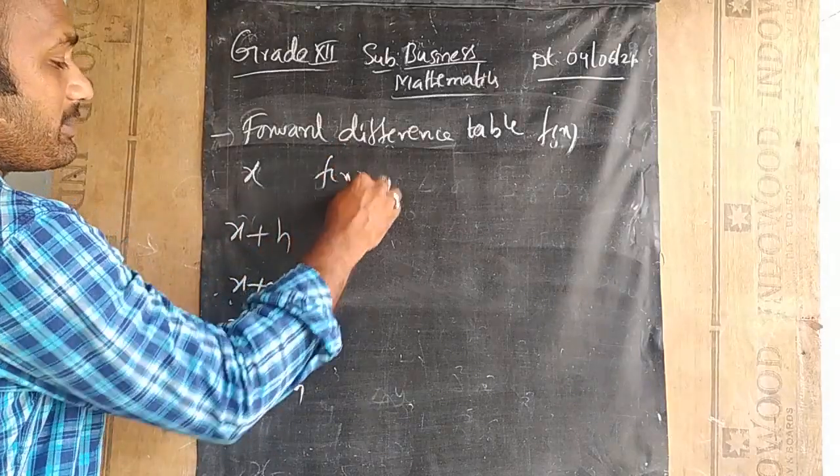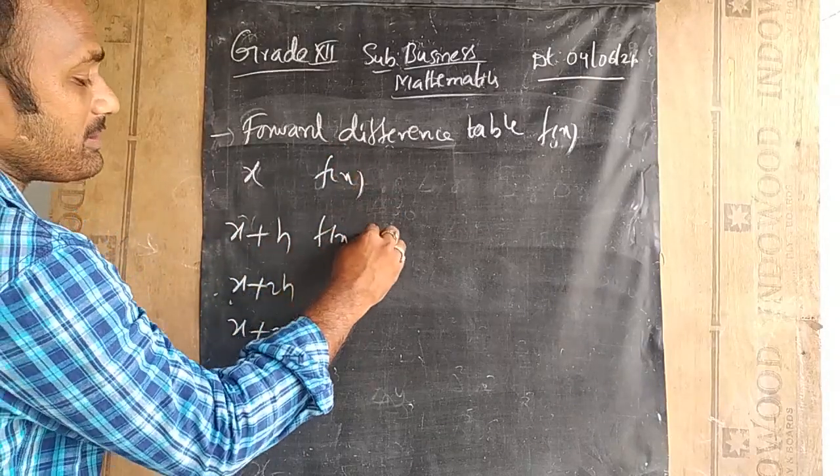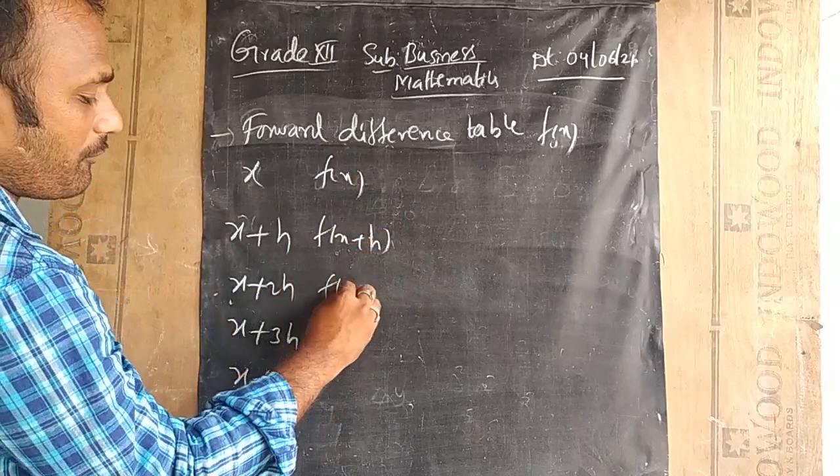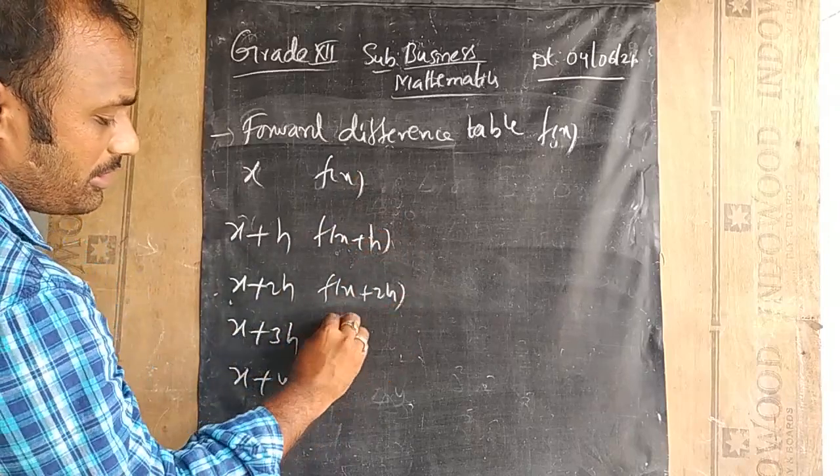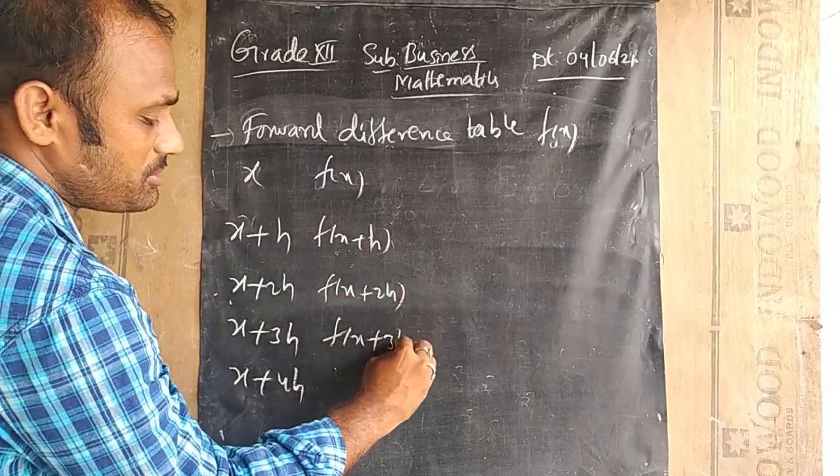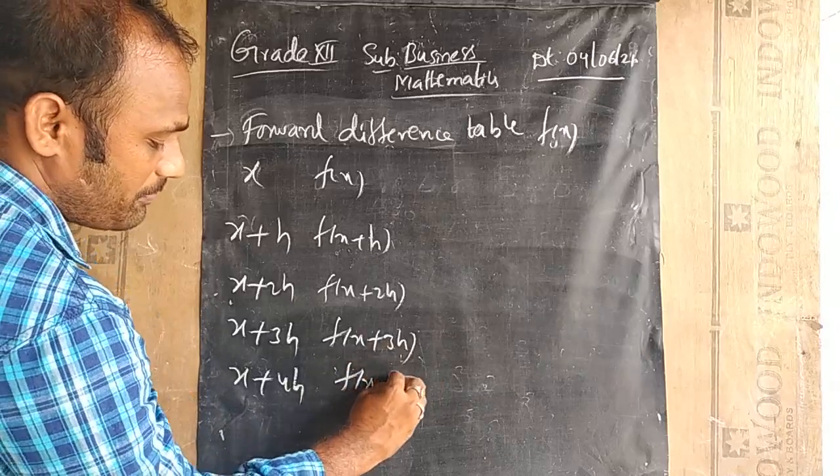So f of x, f of x plus h, f of x plus 2h, f of x plus 3h, f of x plus 4h.